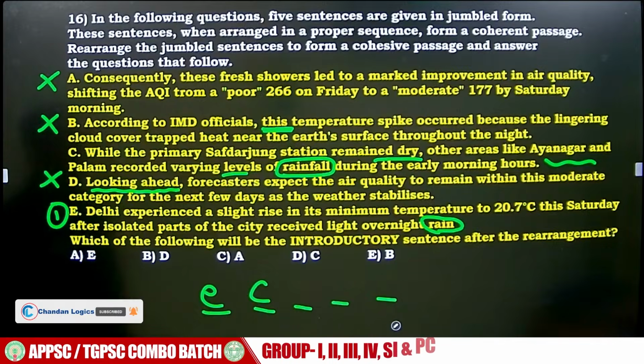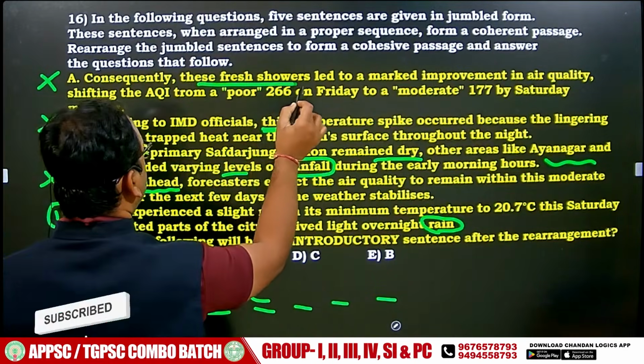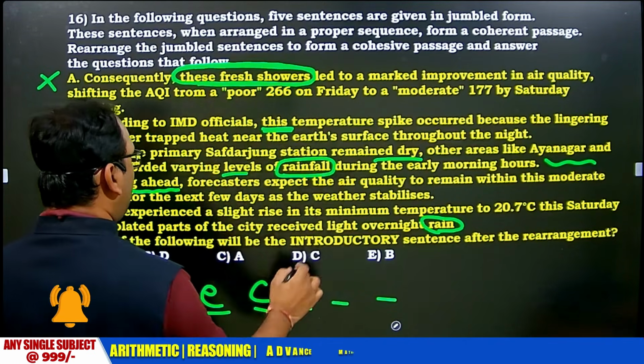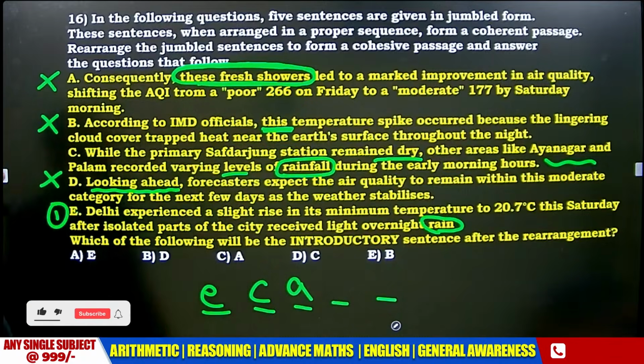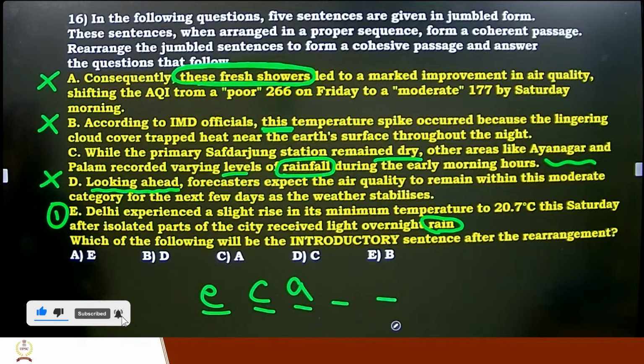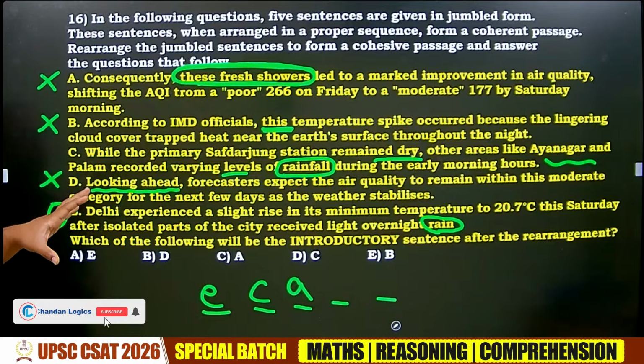What next? See, these fresh showers. These fresh showers means what? Rain only, no. Fresh showers led to an improved air quality, shifting it from something to something. So air quality now is better because there is a fresh shower.